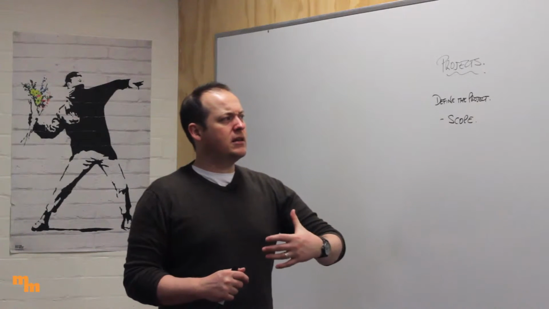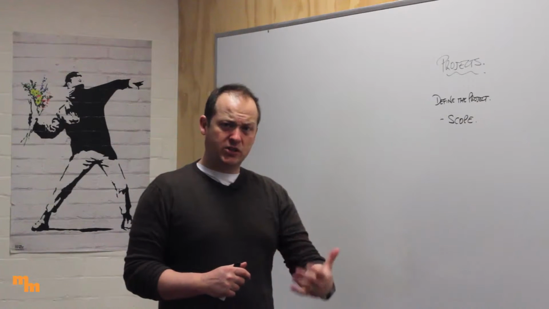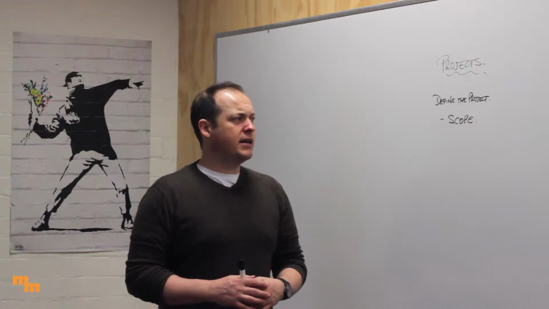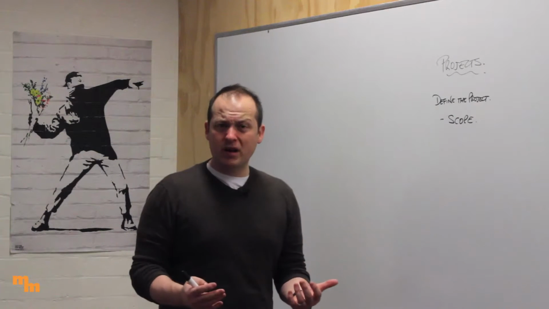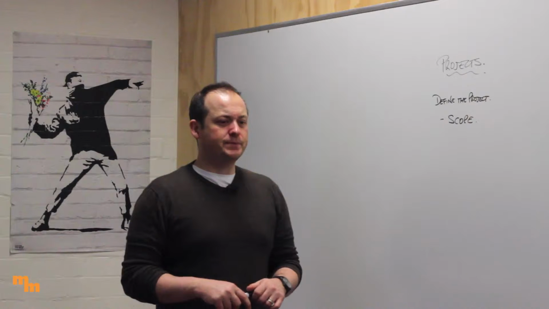Having at least all of those initial answers is going to help us create a scoping document that will define what the project looks like so that we can all get agreement on exactly what's going to take place.